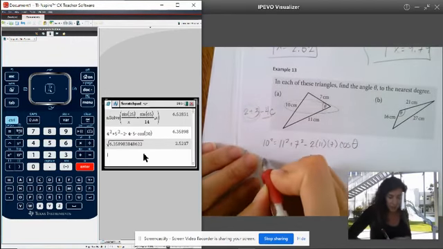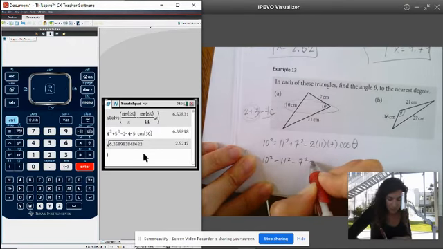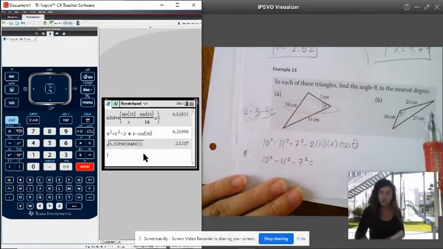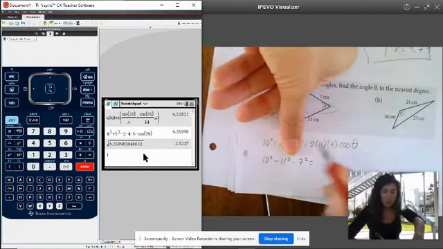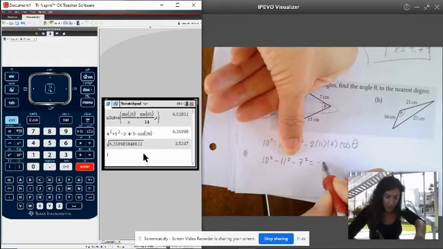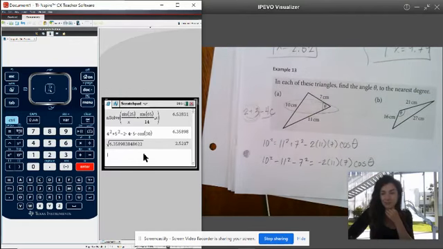It's hard. So what you do is you do 10 squared minus 11 squared minus 7 squared. You subtracted 11 squared from both sides and 7 squared from both sides. Now, getting rid of those, you're left with negative 2 times 11 times 7 times cosine of theta.